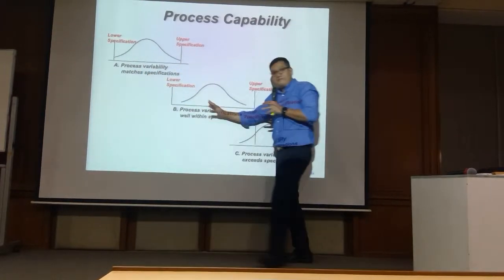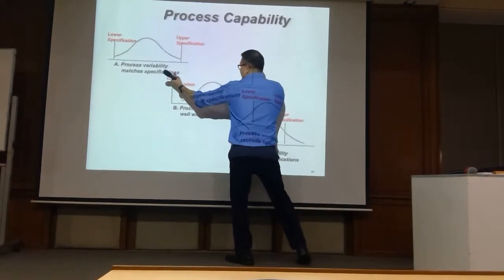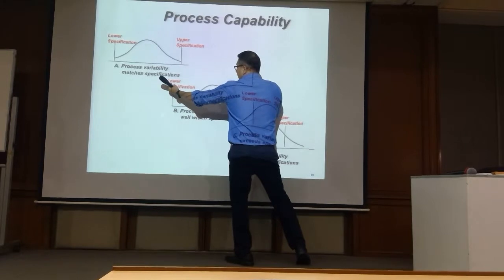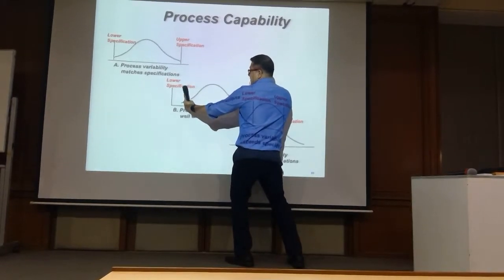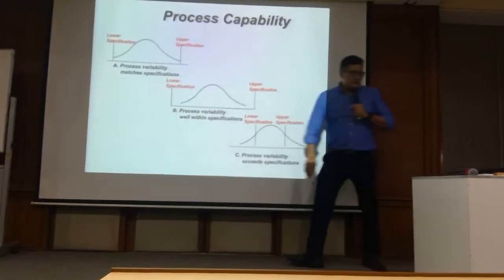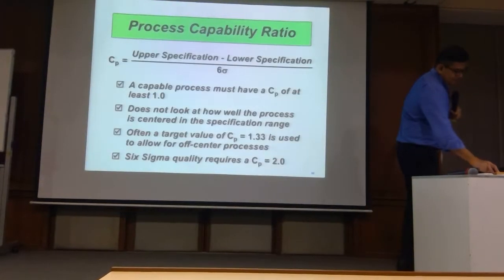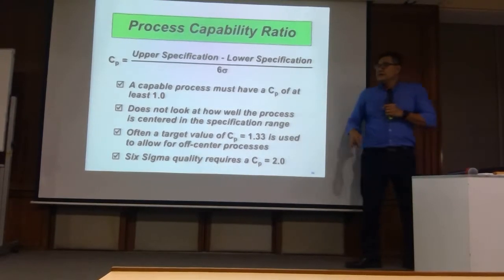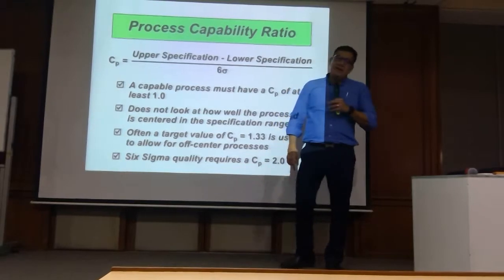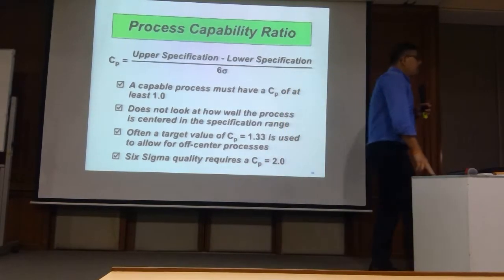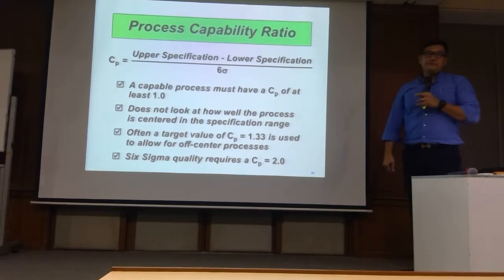But for figure B that we prefer, the width of the spec is upper minus lower, while the width of the distribution is just 6 standard deviations. We also want a safety factor. For figure A, Cp equals 1, but we prefer Cp of at least 1.33.